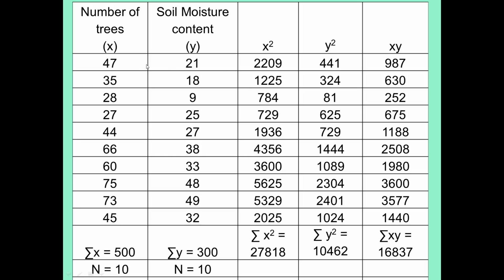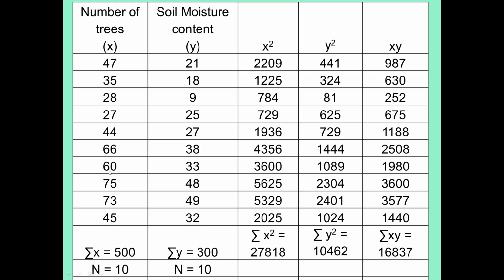Say for example, the square of 47 is 2209, the square of 21 is 441, and the product of x and y is 987. So in this way, we can calculate x square, y square, and the product of x into y.